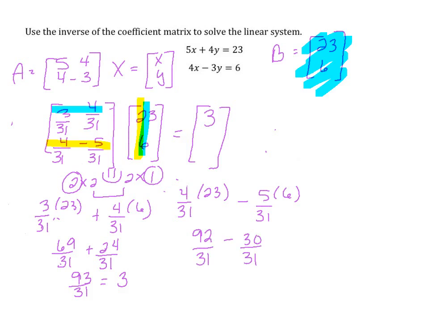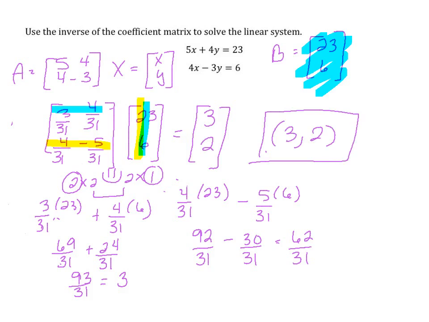And we subtract, we get 62 divided by 31, which comes out to be 2. So our solution set is 3, 2. Now, again, this isn't the easiest way to accomplish this solving of systems of linear equations, but it's definitely an alternative way.